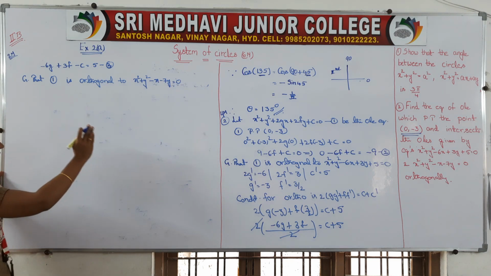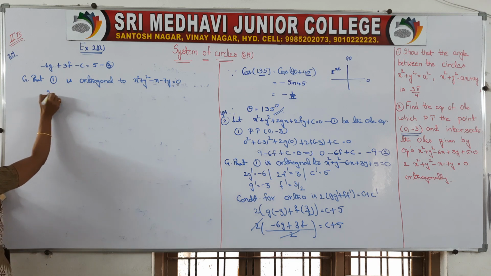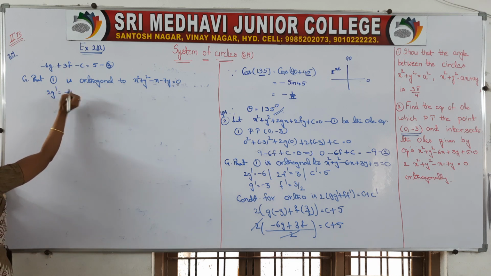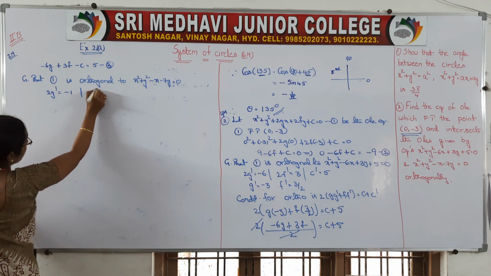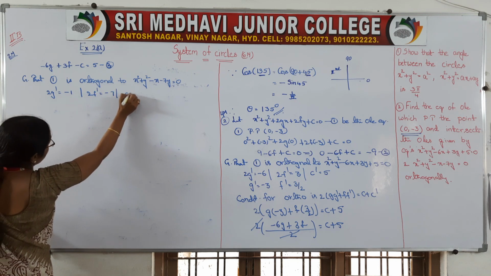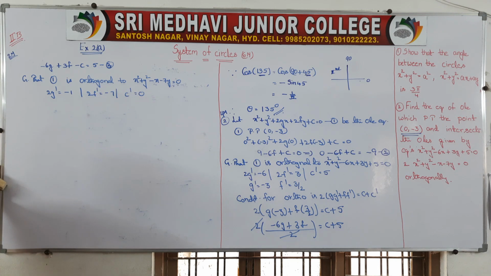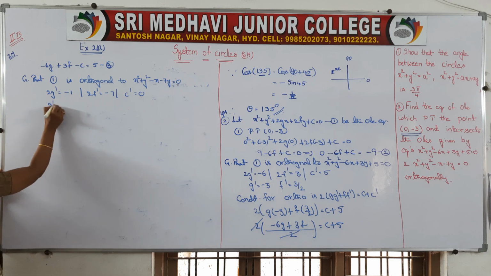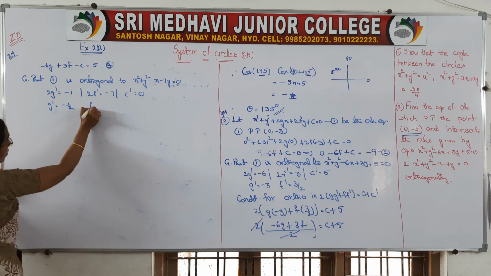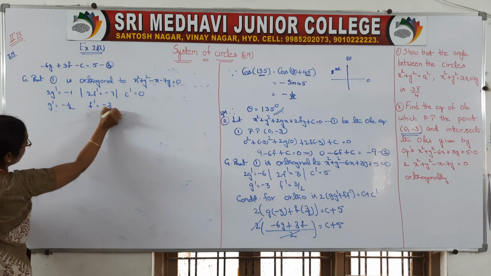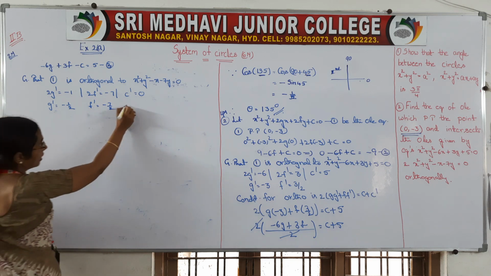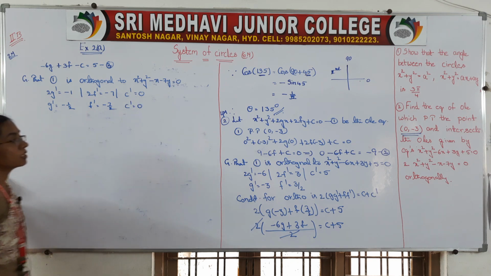Again, orthogonal means we have to compare with S dash. So 2g dash is equal to minus 1, 2f dash is equal to minus 7, c dash is equal to 0. So g dash is equal to minus 1 by 2, f dash is equal to minus 7 by 2, and c dash is equal to 0.